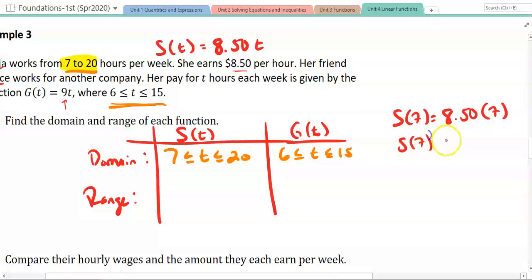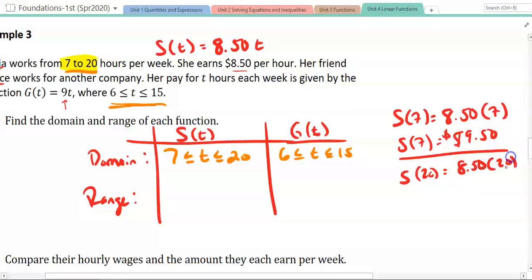And that gives us $59.50. And Sylvia's high end is when she works 20 hours. And so we're going to get 8.50 times the 20. And so 8.50 times 20 is $170.